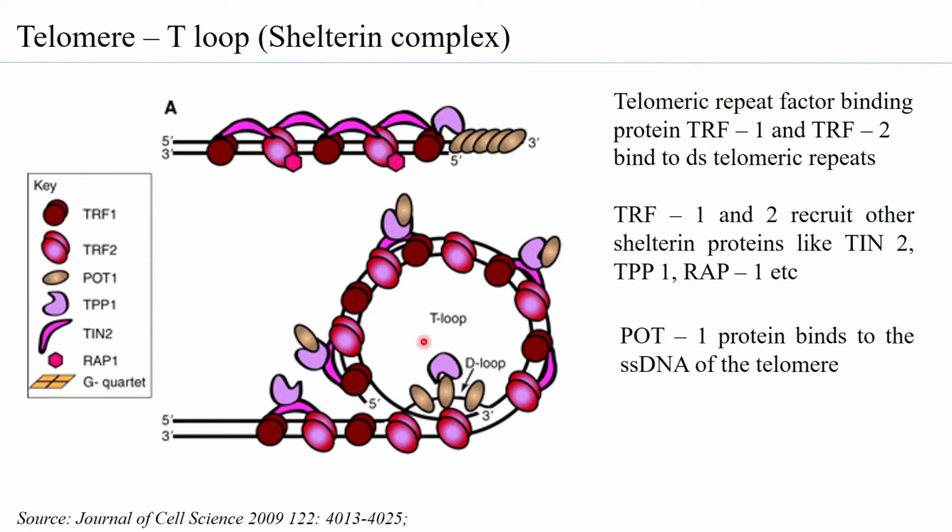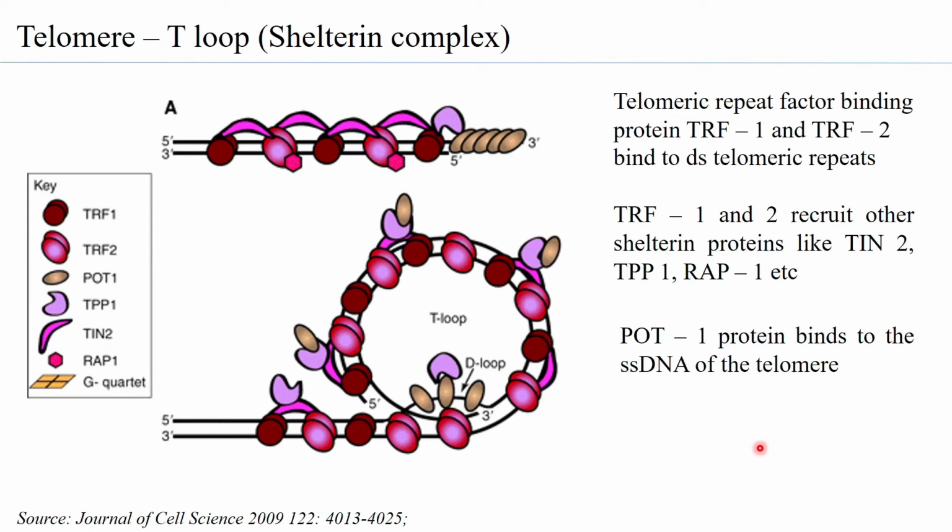Now, the overhang which is present has a sequence that is complementary to the other DNA. So, in turn, what we are trying to say is that if this strand has TTAGGG, the other strand will have AATCCC. What does this mean?